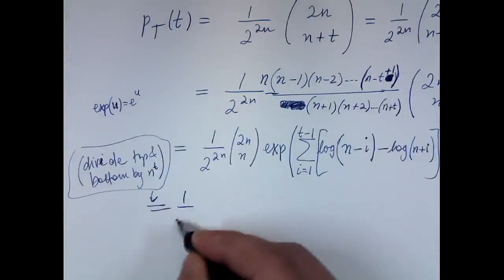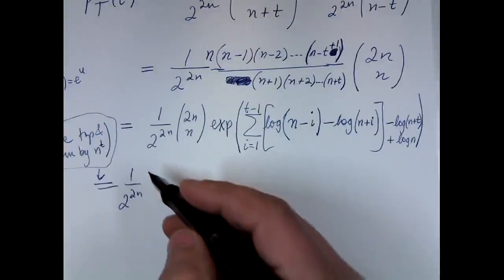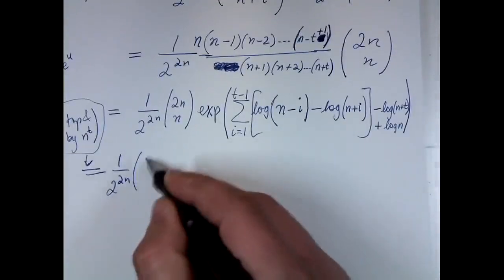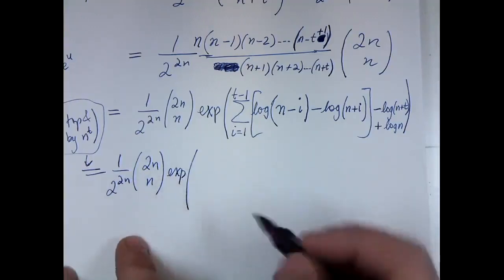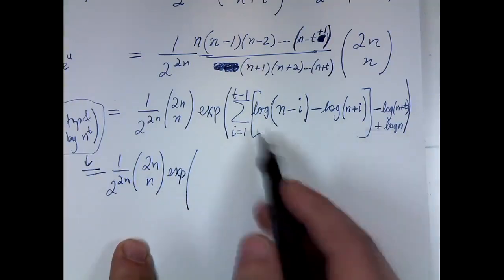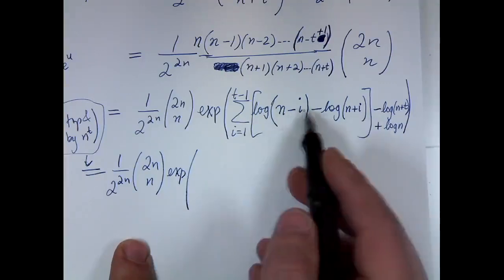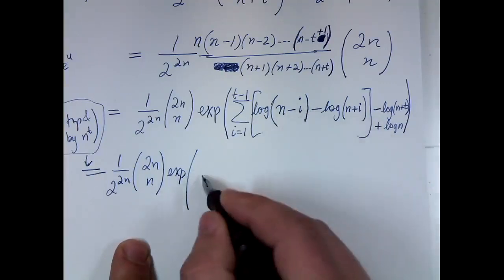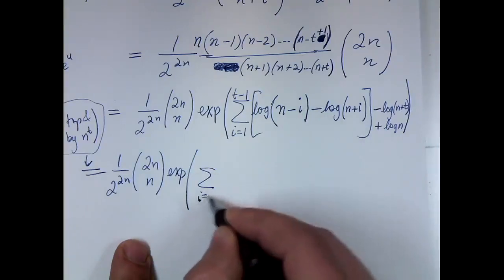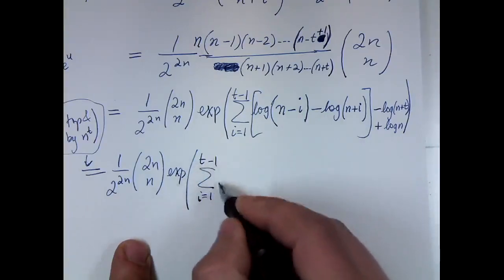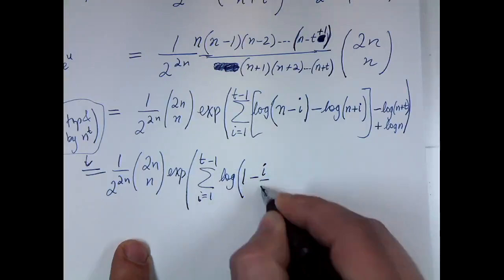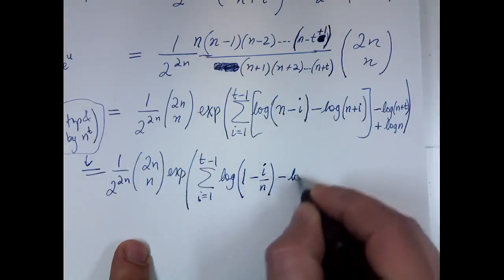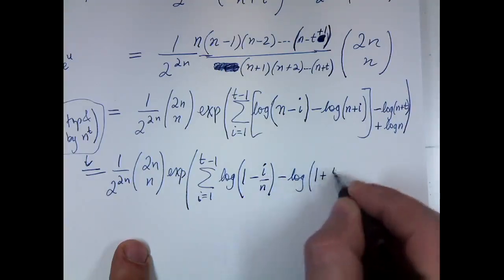So it'll be a bit more convenient to write 1 over 2 to the power 2n, 2n choose n, exponential of... so all these n's become 1, and all the i's become i over n. So sum i equals 1 to t minus 1 of log of 1 minus i over n minus log of 1 plus i over n.